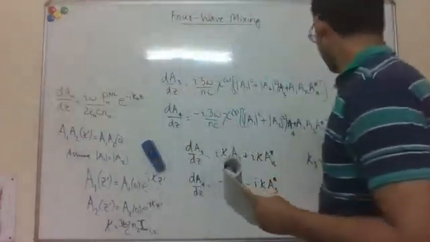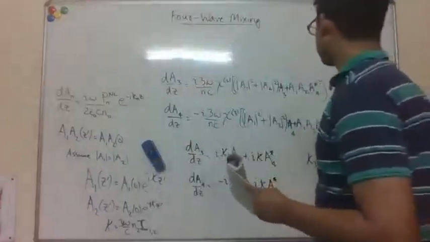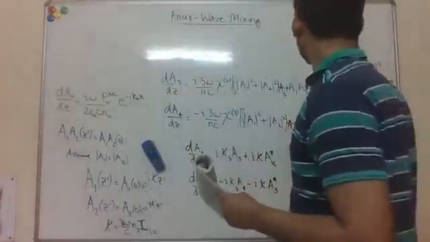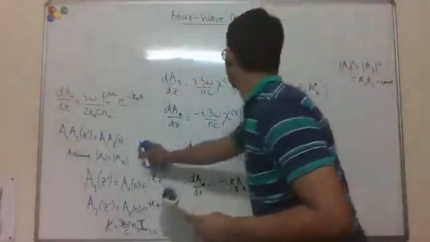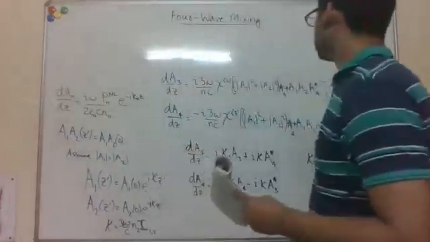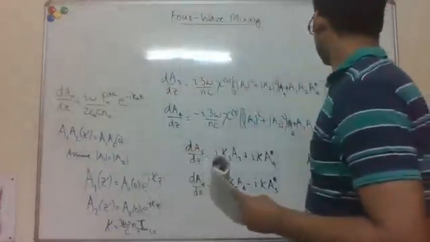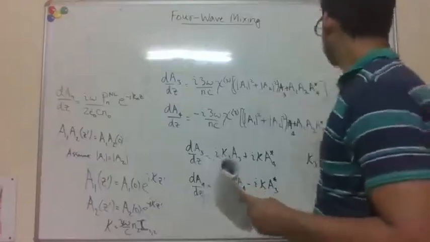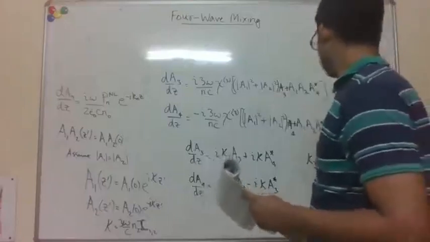Okay. And yeah, kappa 3 is basically, if A1 is equal to A2, you can see it's just sort of twice of kappa, right?